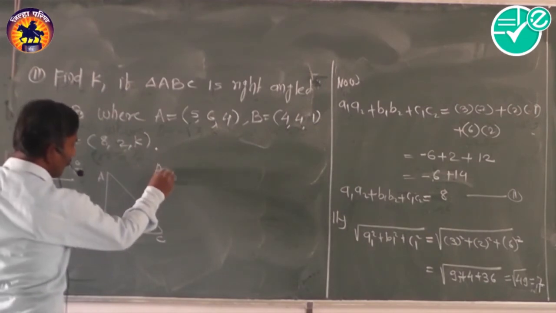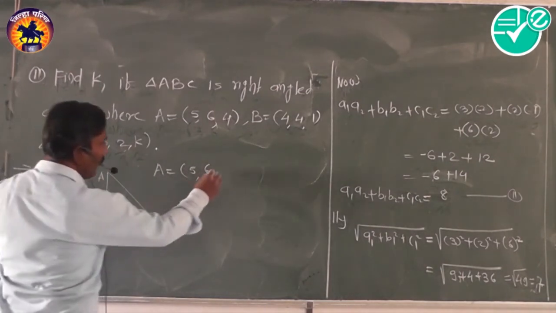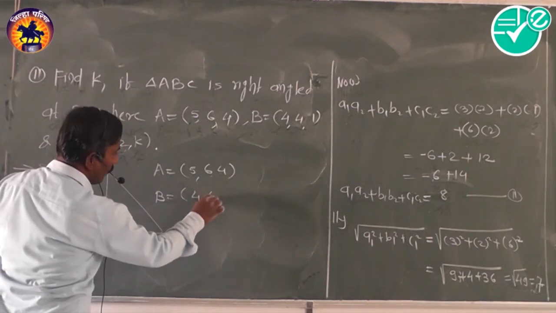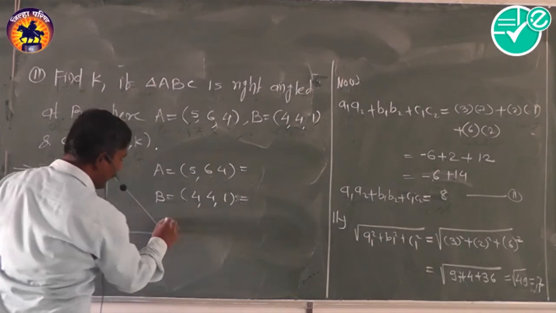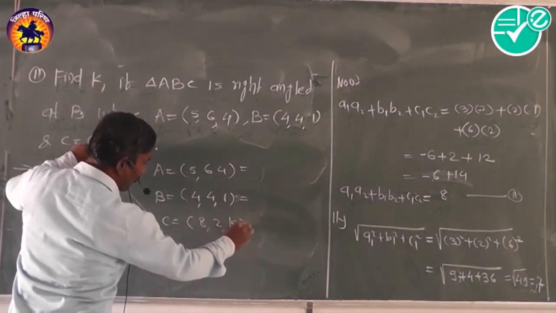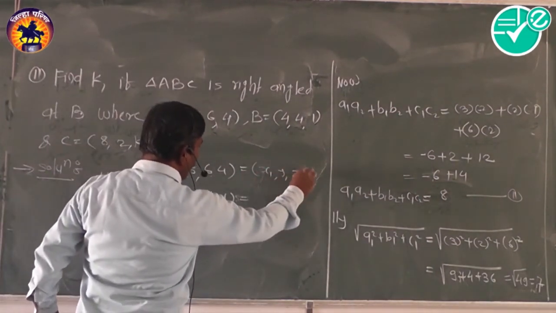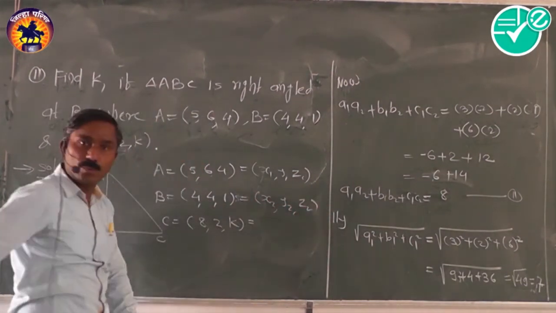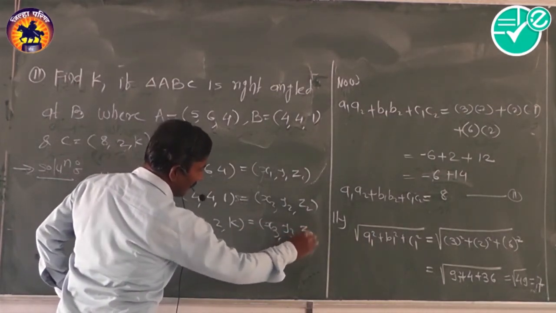Therefore A is 5, 6, 4, B is 4, 4, 1, and C is 8, 2, K. We say x1 y1 z1, x2 y2 z2, and x3 y3 z3.